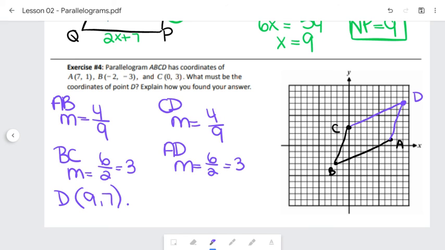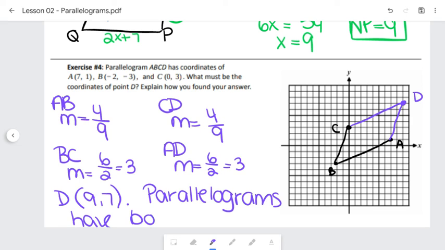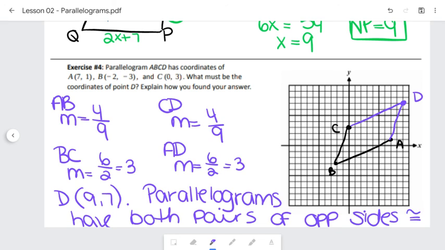Okay, and we're going to say parallelograms have both pairs of opposite sides congruent. Oops, sorry, that's not what I just did.